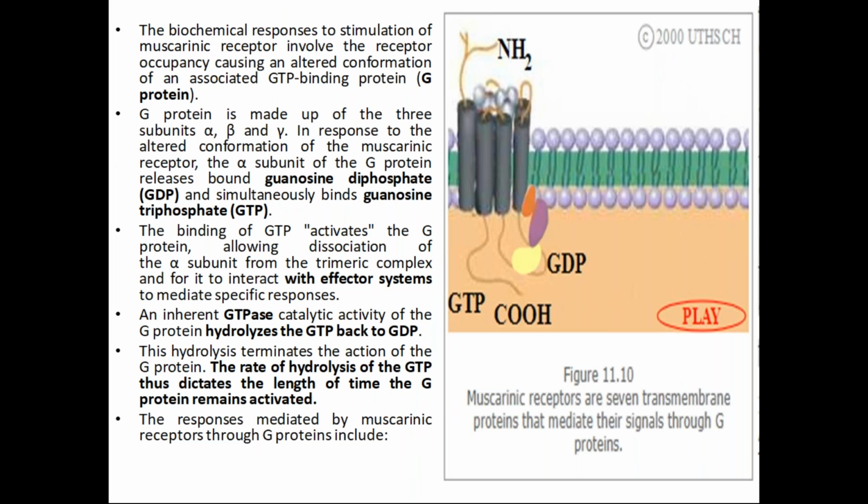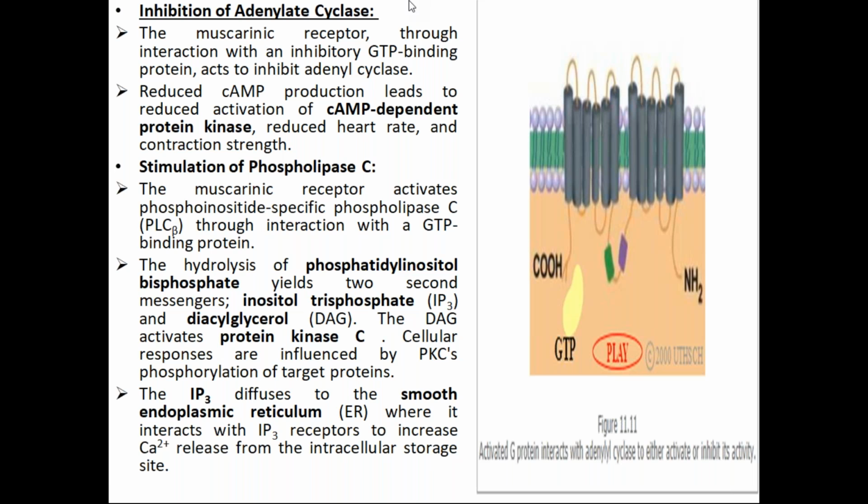So what is actually the response of this muscarinic receptor? Whatever story we were studying till now, we have to apply here now. What are the responses of this muscarinic receptor? If acetylcholine is coming and binding to this muscarinic receptor, what will be the response? The first response is inhibition of adenylyl cyclase.